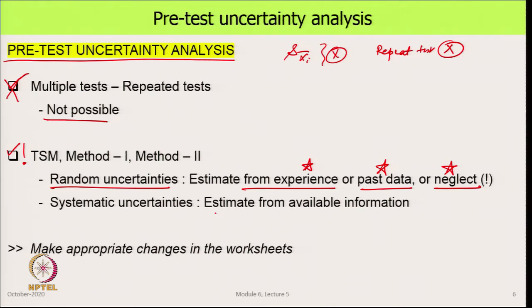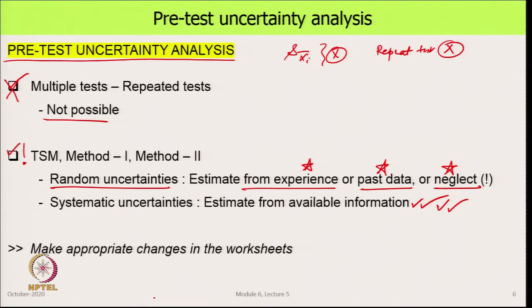Systematic uncertainties, by and large, everything is available over here. And being pre-test, we could even say, okay, I use this instrument, if things do not work out or I do not get that instrument, I use some other instrument, we can pick up information about that instrument, continue doing the analysis. So, largely the systematic uncertainties can be estimated very well, even in the pre-test case.